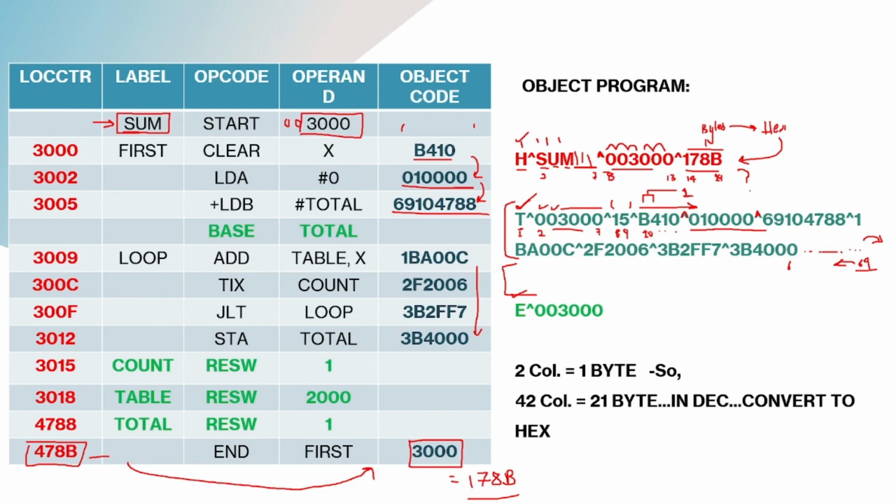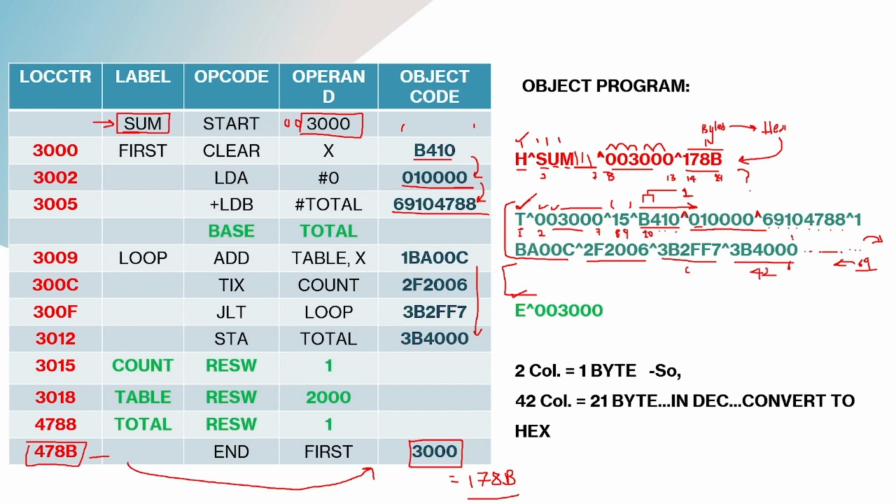Now, how do we calculate? 4, and then 10, 11, 12, 13, 14, 15, 16, 17, 18, that's 18, plus 6 is 24, plus 6 is 30, plus 6 is 36, and 36 plus 6 is 42.